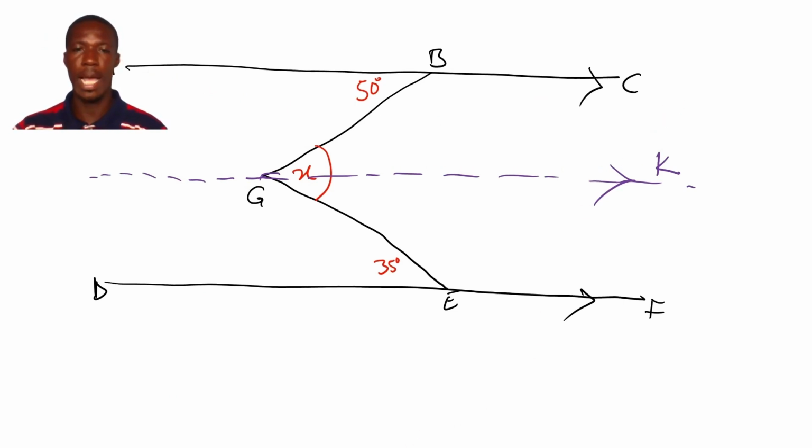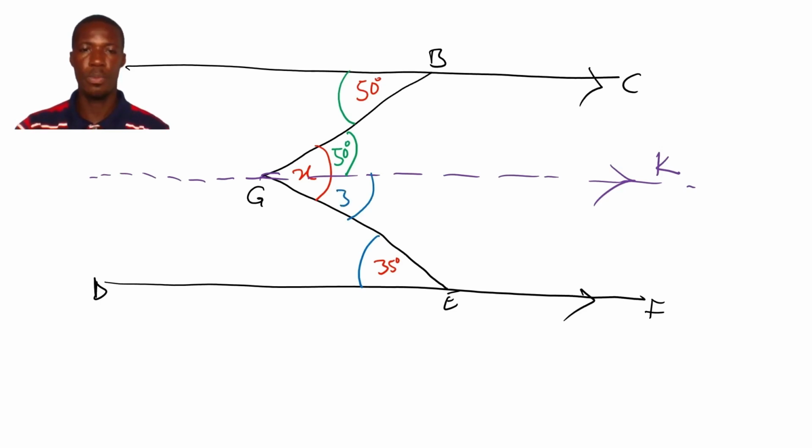With that, let's identify our alternate angles here, this and this. And so we have this angle to be 50 degrees. Remember, alternate angles are equal. In a similar vein, you see the line JE also serving as a transversal between the line DF and the line K. And so we find another alternate angles here and here.